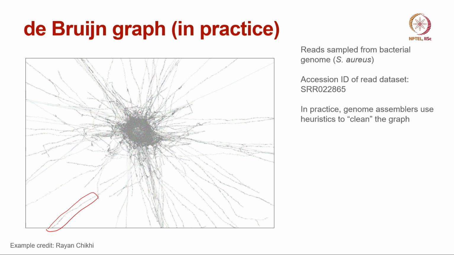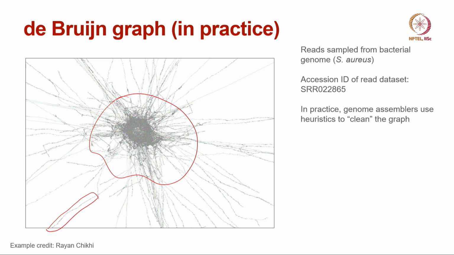But when you have such dense graphs, reading the genome sequence from these graphs is not trivial. So, this is just to show that even if we build these graphs, we still have to do more work to interpret the genome sequence and to reconstruct the genome sequence from this graph.